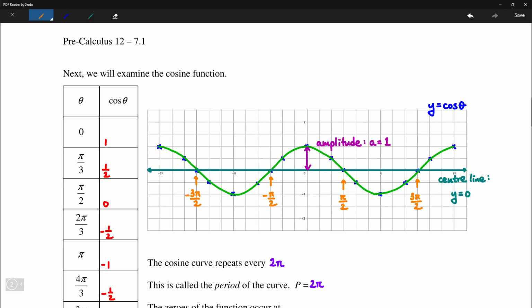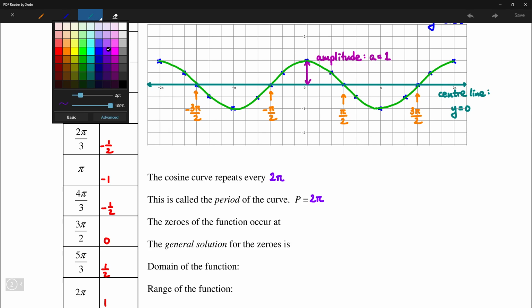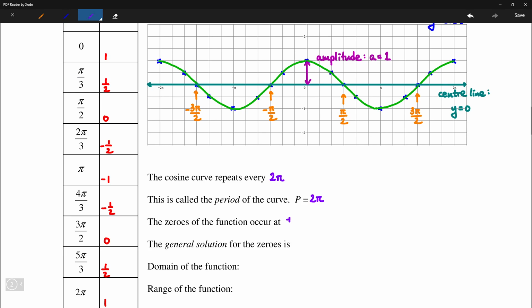So we could generalize this once again, just like we did with the sine function. So we have plus minus pi over 2, plus minus 3 pi over 2. And of course, if we were to continue the graph, the next zeros will be at plus minus 5 pi over 2, and so forth.